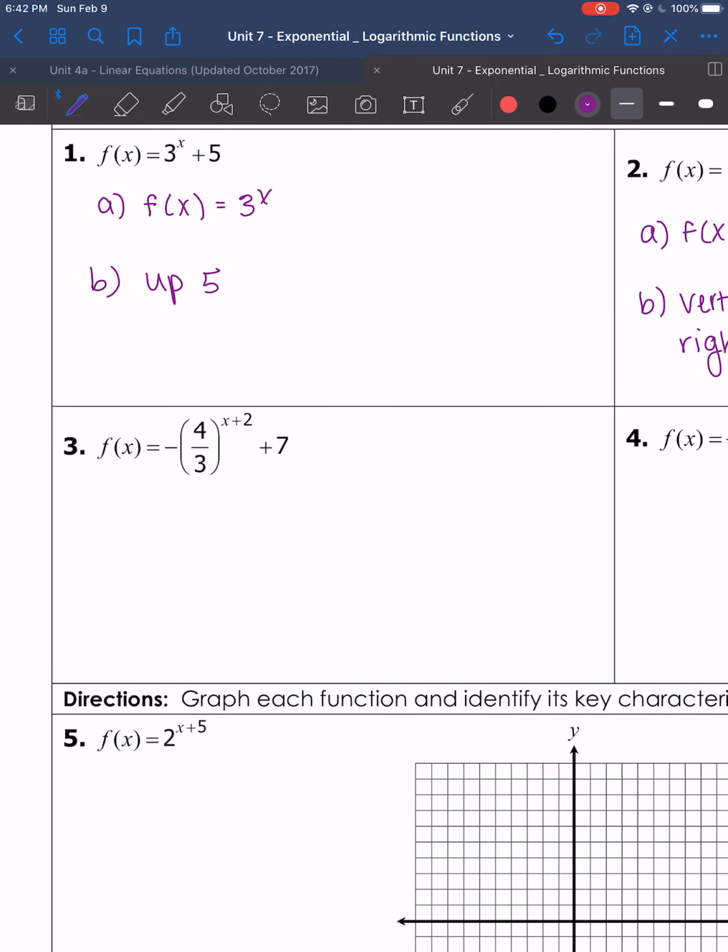3, my parent function is f of x equals 4/3 to the x, and my transformations, it reflects over the x-axis.